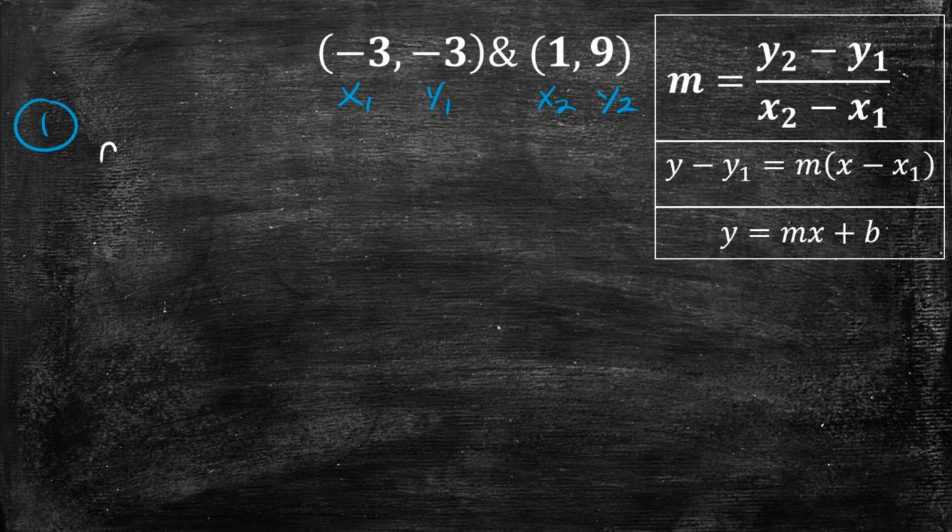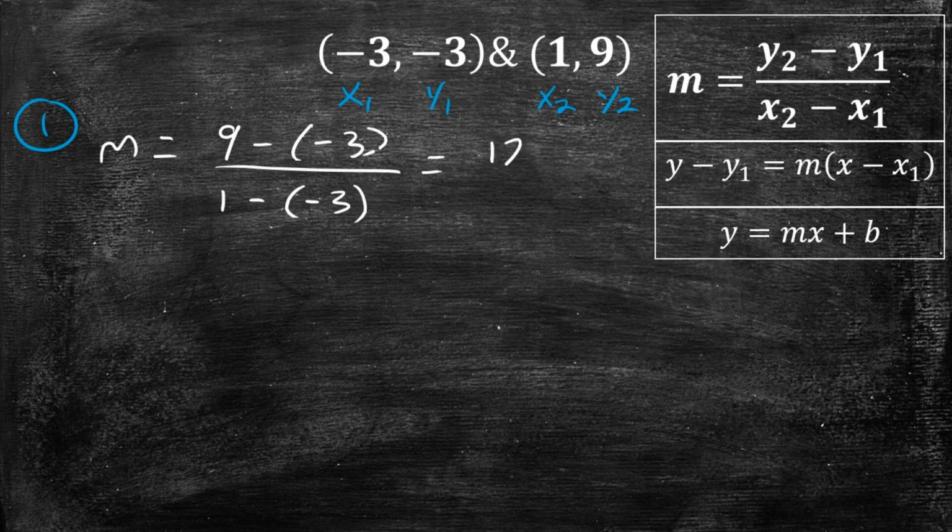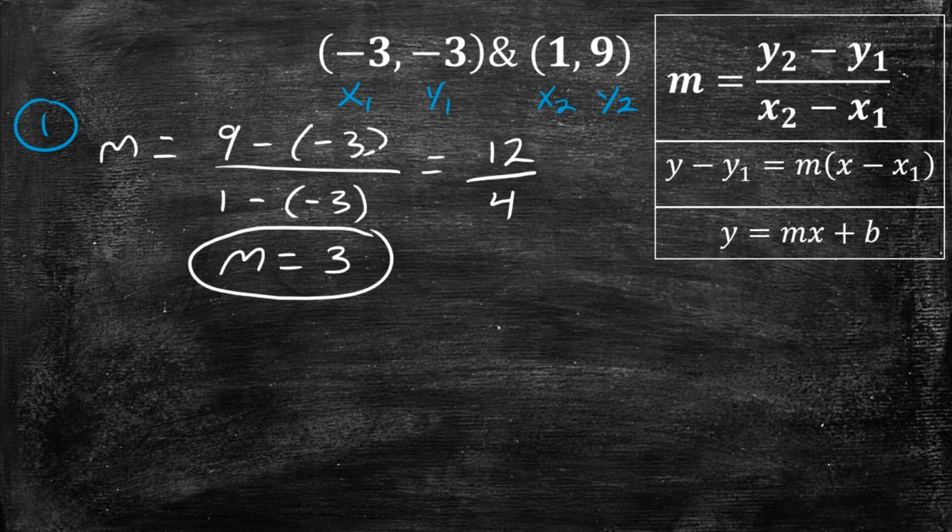So that is m is equal to y2, which is 9, minus y1, all over x2, which is 1, minus x1, like that. And when we simplify this, we get 9 plus 3 is 12. 1 plus 3 is 4. And simplifying that further, we get m is equal to 3. So that is our slope.